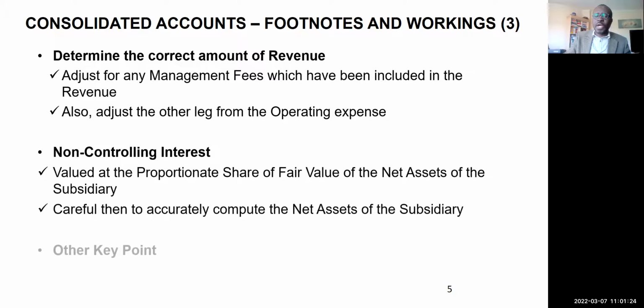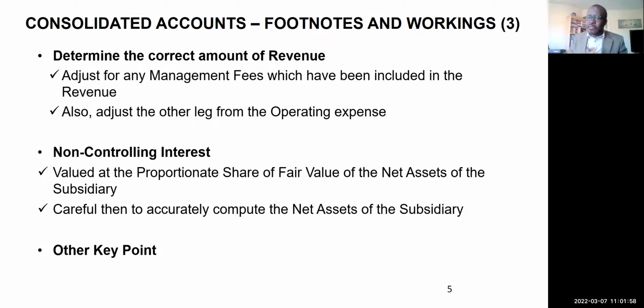Non-controlling interest, as usual, we know how to calculate it, okay? The first thing here, non-controlling interest is not valued at a fair value. Sometimes parents will tell you that it is valued at a fair value of 12 million. No. Here, we are told that it is calculated at the proportionate share. So if they own 30% of the whole company, then it is 30% of the fair value of the identifiable net assets of the subsidiary.